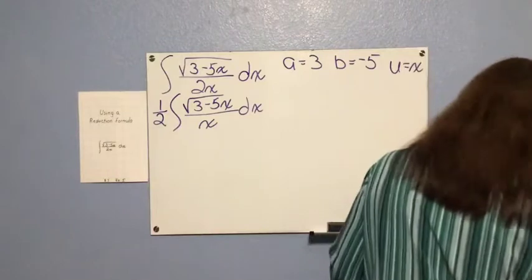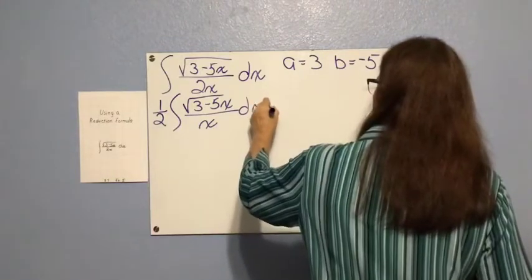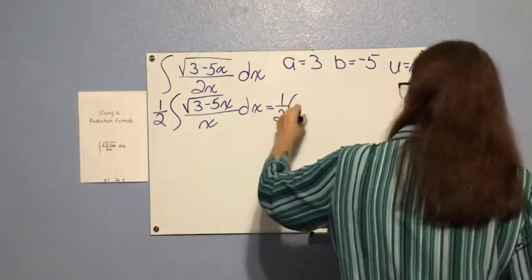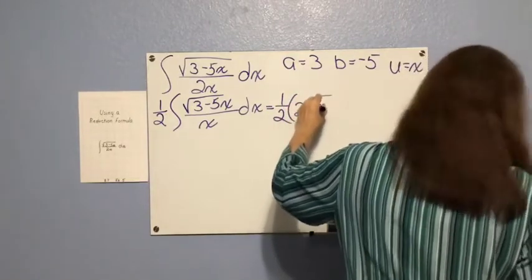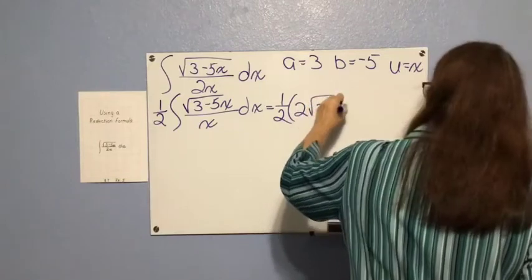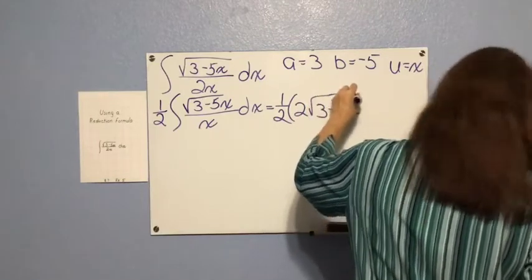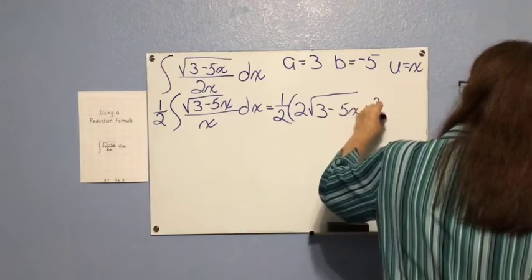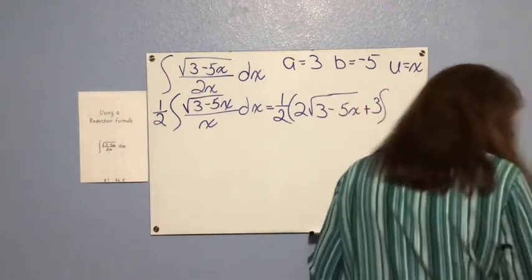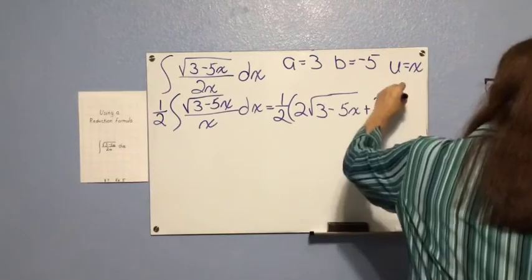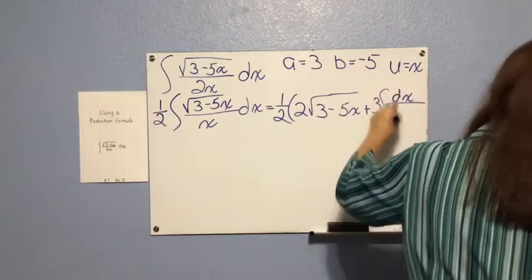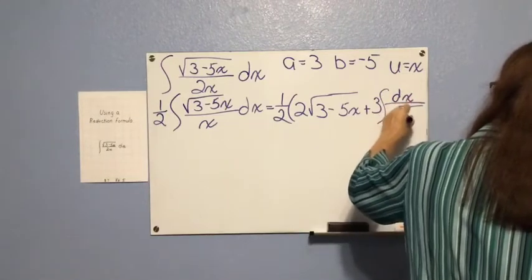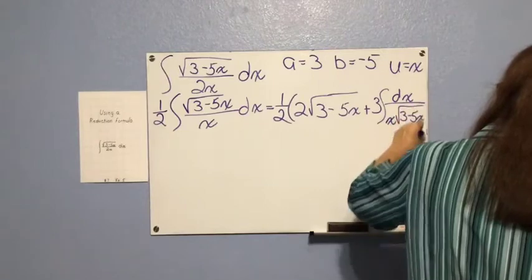We just modify that a little bit, and now we have 1/2 times 2 square root of 3 minus 5x plus 3 times the integral dx over x times the square root of 3 minus 5x.